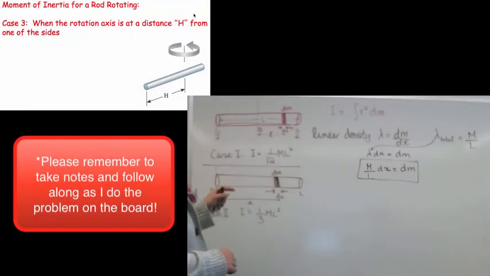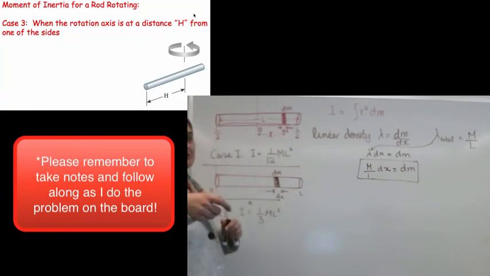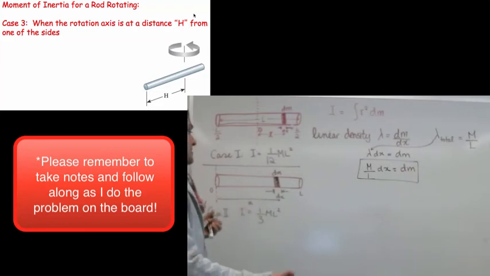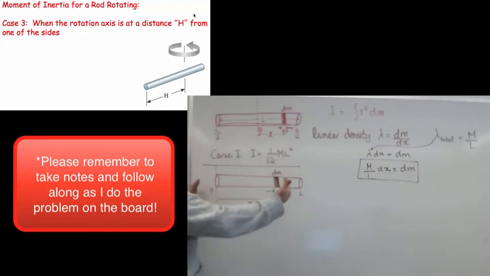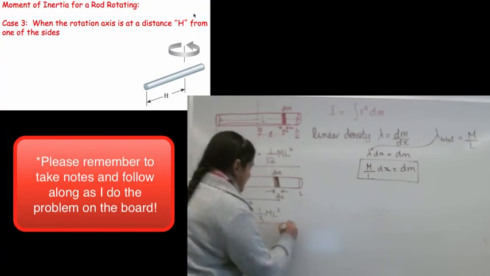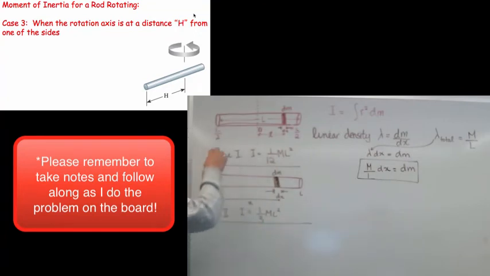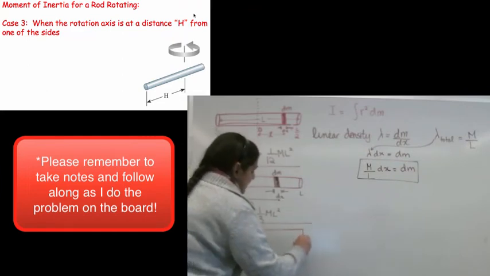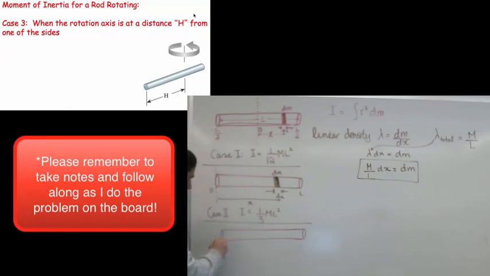Now case 3, it says, what if the rotational axis is at a distance h from one of its sides? So it doesn't tell me that this is x, but it's at a distance h from one of its sides. So for case 3, I'm going to redraw the same picture again. And instead of calling them around one of the axes, I'm just going to say the axis of rotation is at a distance, say, h from one of the ends. So I just chose this one to be my coordinate axis.